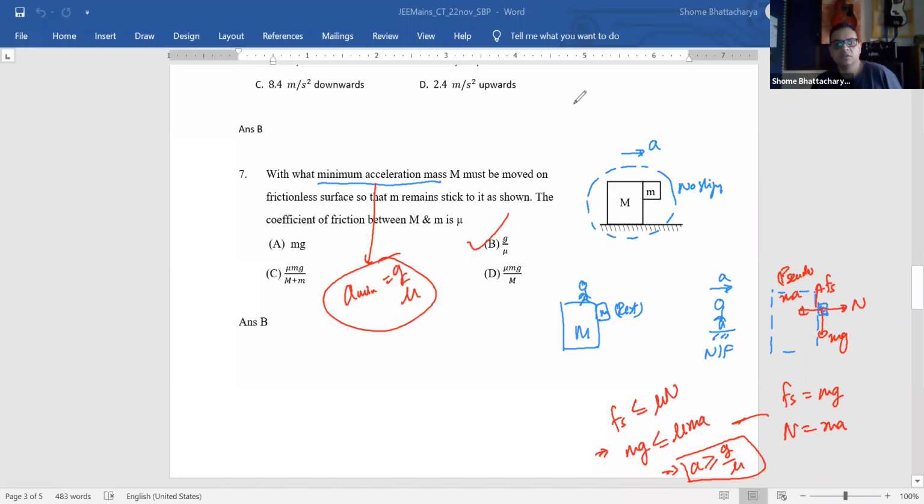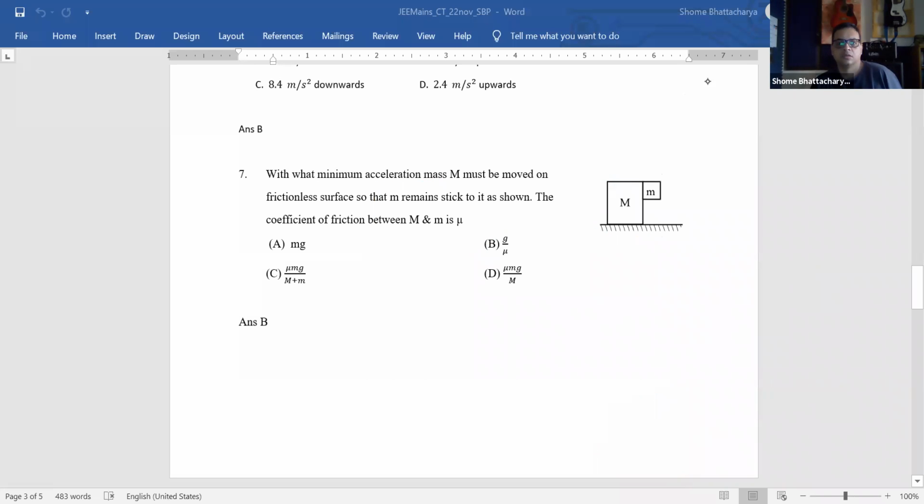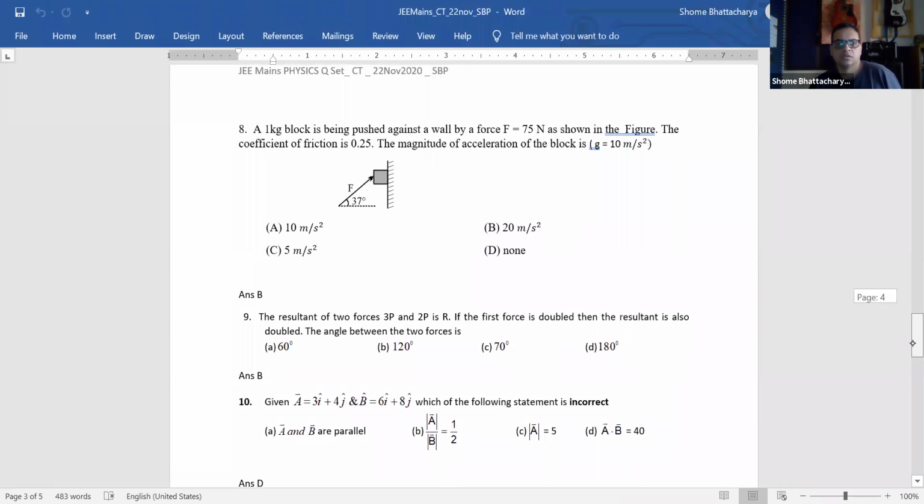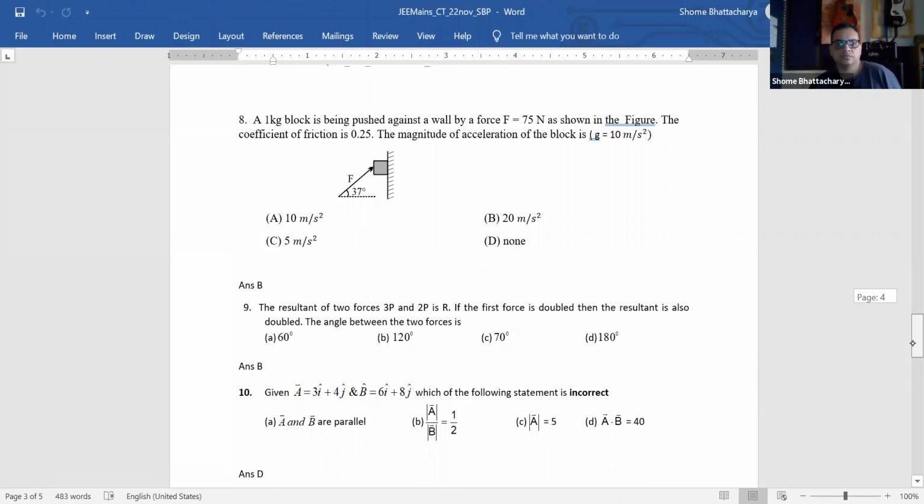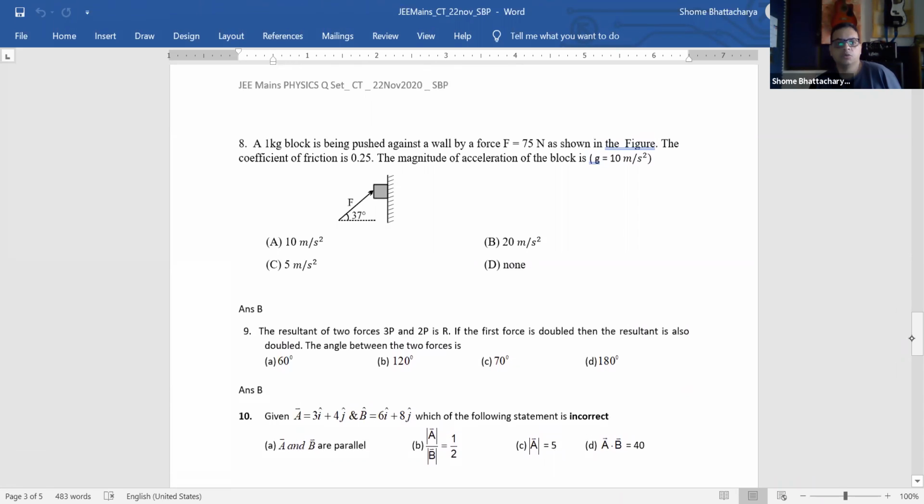So Soham and Ranak, is it clear? Okay. What about eighth question?